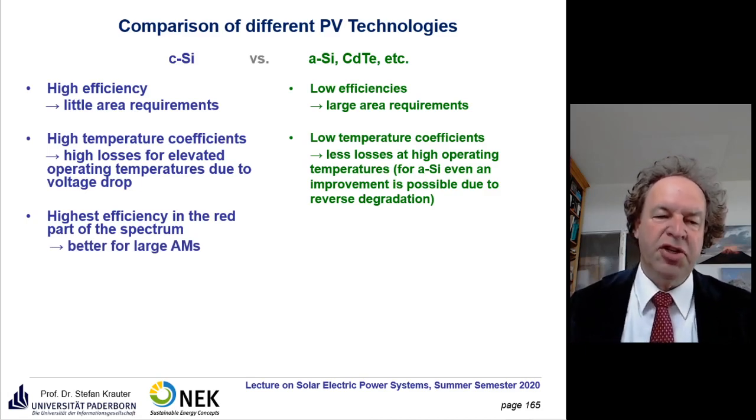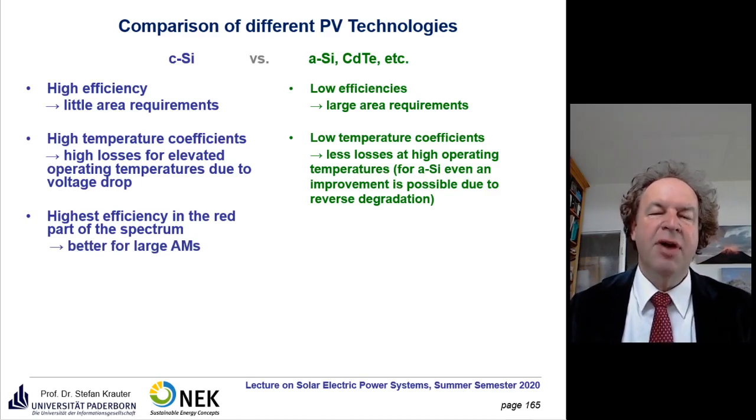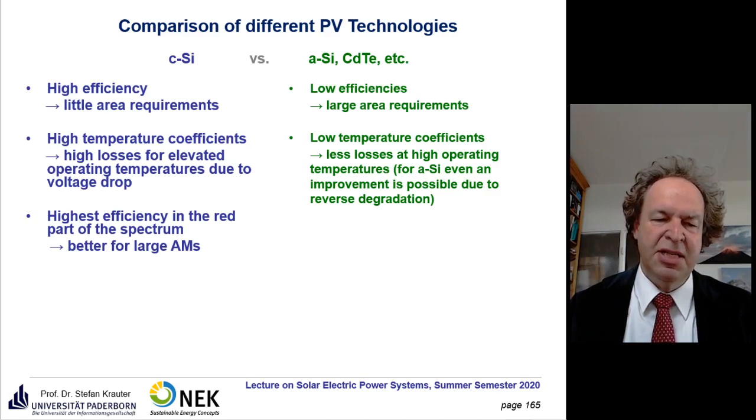Concerning the spectral efficiency, crystalline silicon usually has the highest efficiency in the red part of the spectrum. So they usually work better at large AMs, meaning when the sun is not shining perpendicular on them, compared to AM1. This effect is not very big.